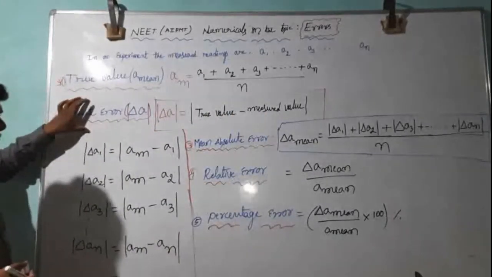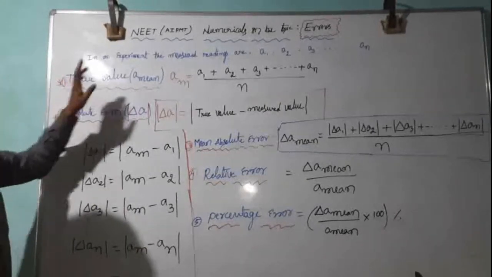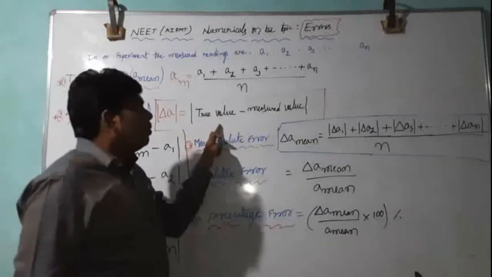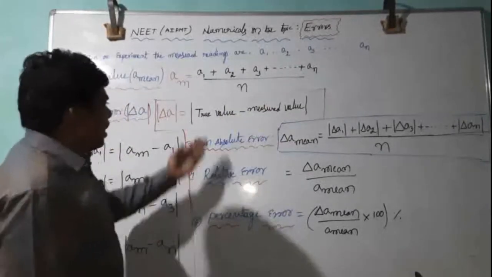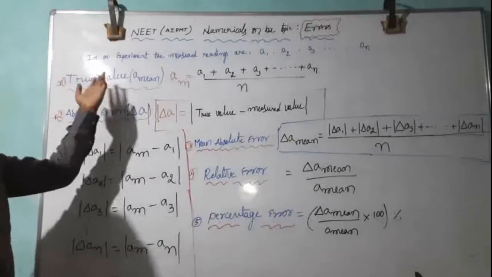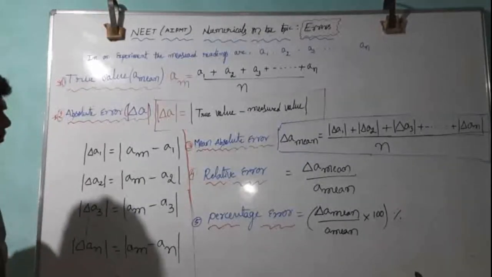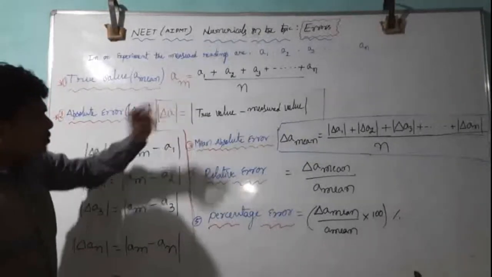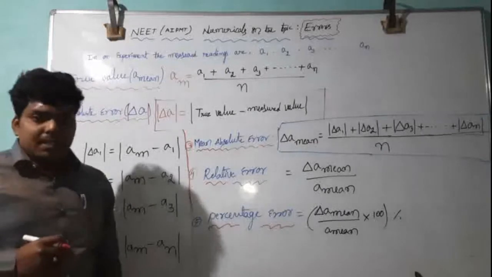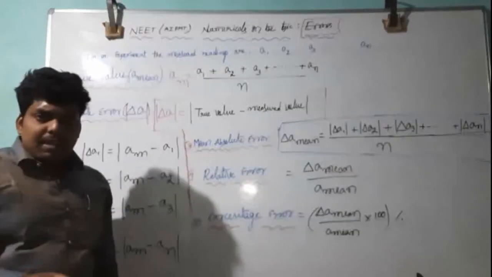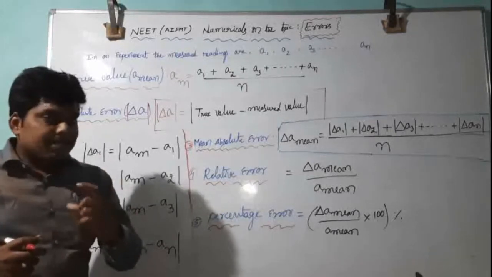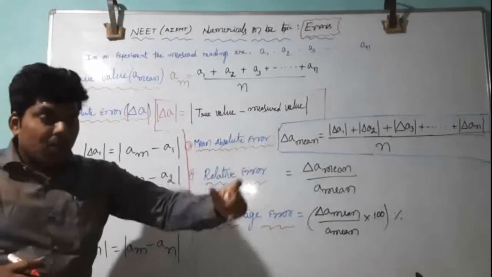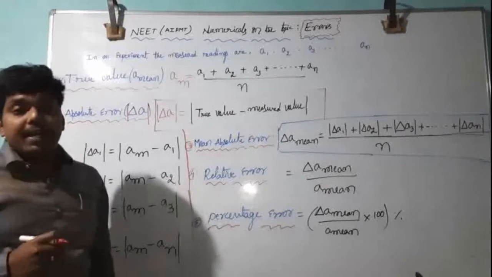Absolute error can be calculated by using magnitude of the true value minus measured value. Already we can calculate the true value by using the above formula. Absolute error always will be positive only. Sometimes we may get a positive, sometimes a negative result, but whatever the result, we should always take the magnitude only.